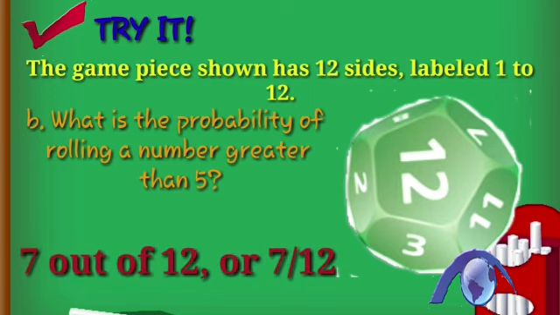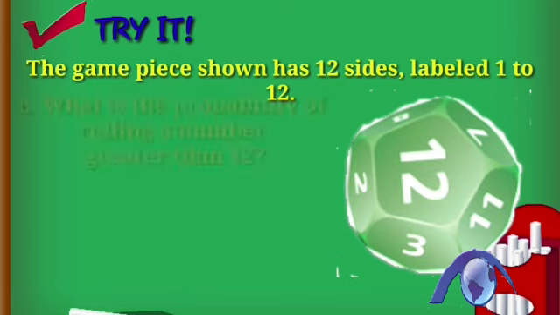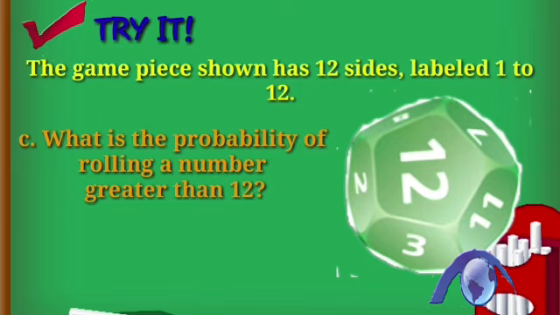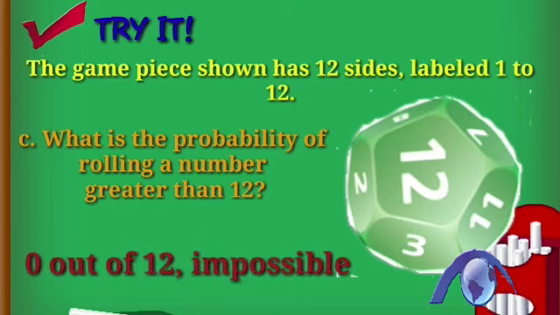It's 7 out of 12, or 7 over 12. Part C. What is the probability of rolling a number greater than 12? It's 0 out of 12, or we can say impossible.